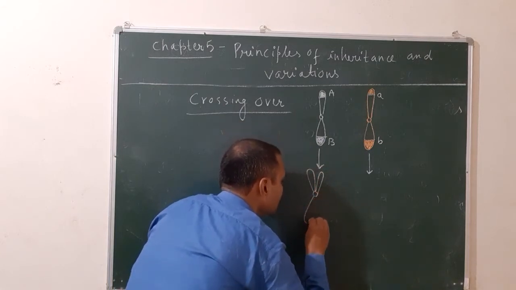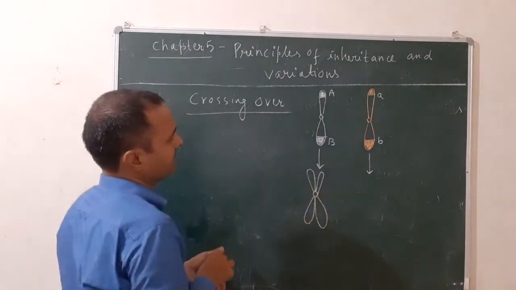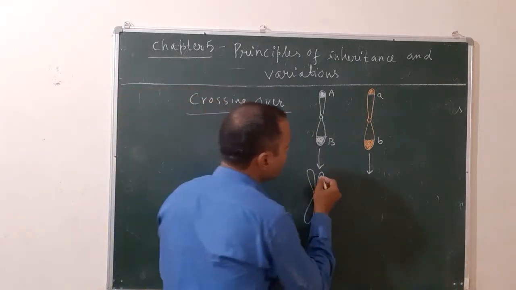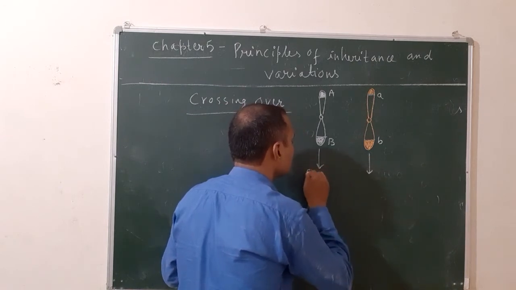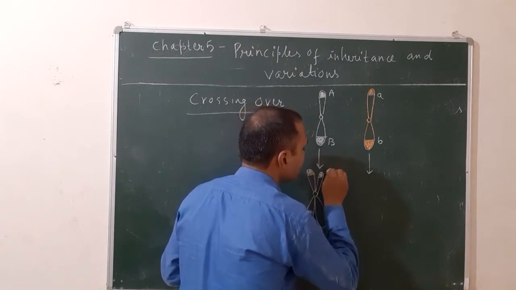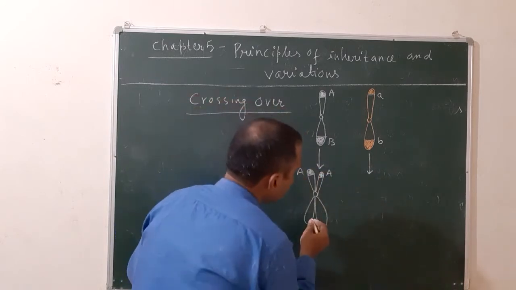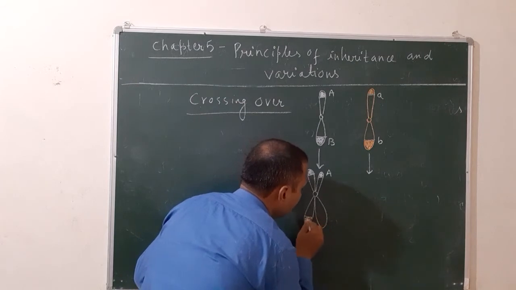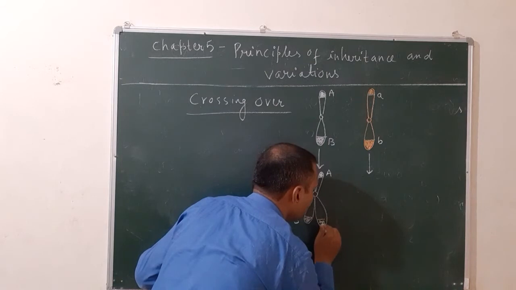It splits lengthwise into two chromatids, and there is also a duplication of the genes. Suppose that there is a gene A, here there will also be gene A, and similarly gene B will also be doubled.